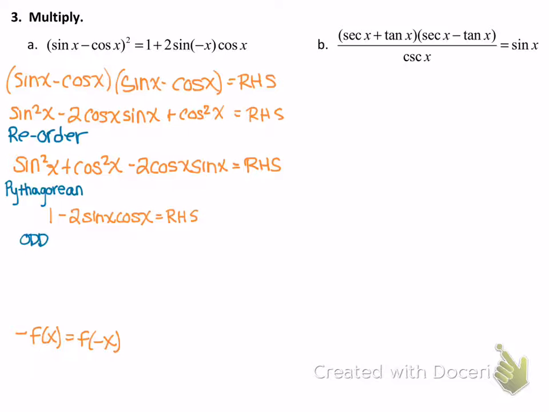Well, I need this, and I started with this because I have this minus right there. So if I take away that minus sign and make it a plus sign, everything else stays the same, except now I can apply that negative to sine of negative x. And if I do this, this is what my right-hand side equals.